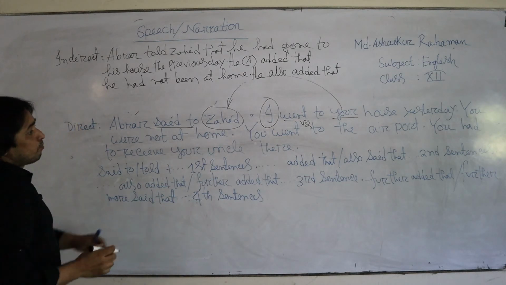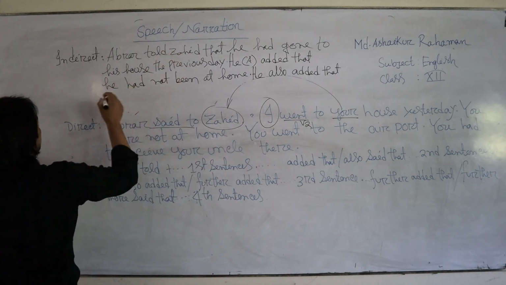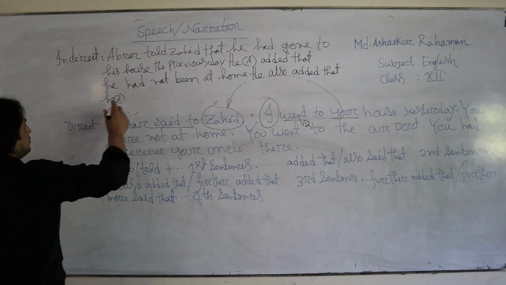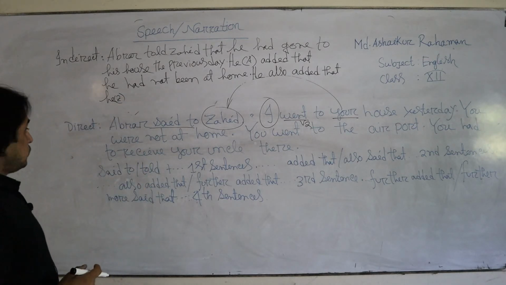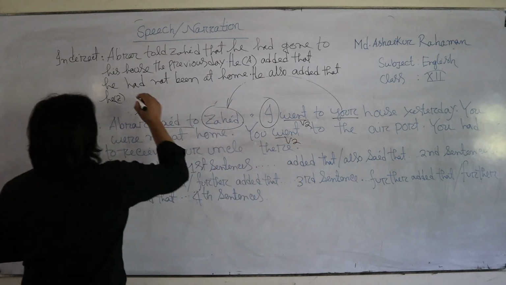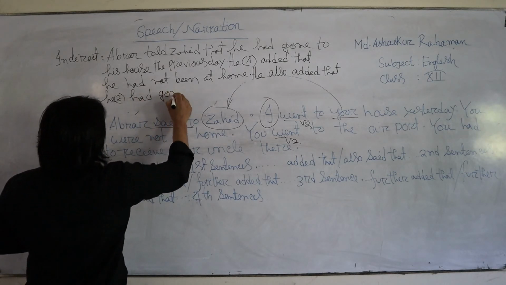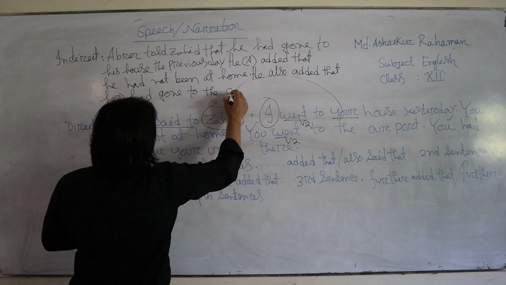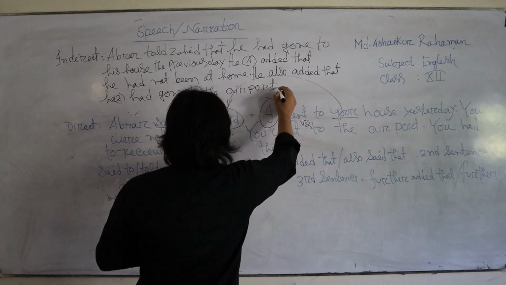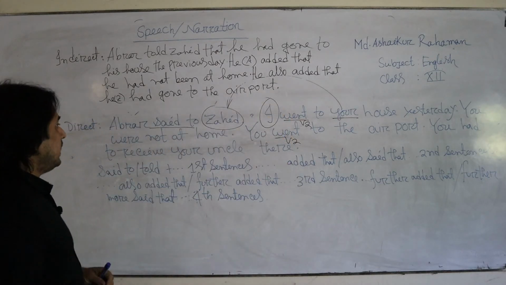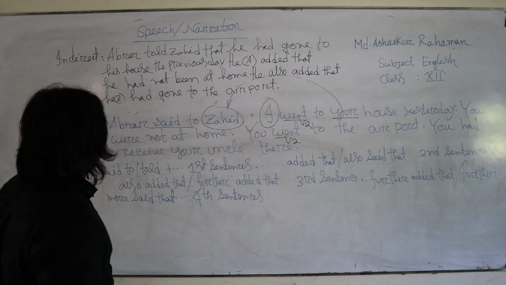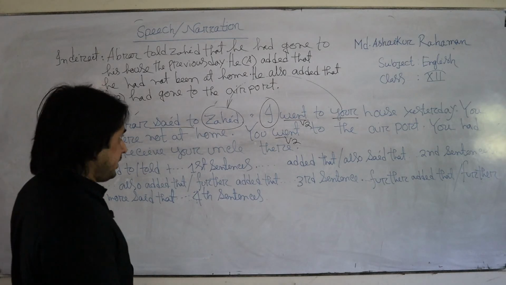You means Zahid, so you can indicate Zahid by he. So here it is, he also added that he went, V2 past indefinite, so had gone to the airport. Full stop, as the third sentence has ended here. And then the fourth one: You had to receive your uncle there. He further added that. Instead of this, you can use he furthermore said that.